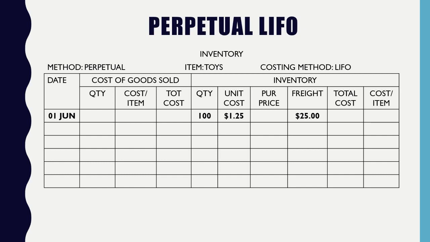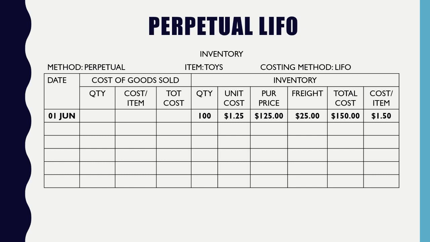So here we plugged in 100 toys with a unit cost of $1.25. That's going to give us a total purchase price of $125, plus 25, for a total cost of $150. Then, because we are using LIFO, we still have to calculate the cost per item for this batch.